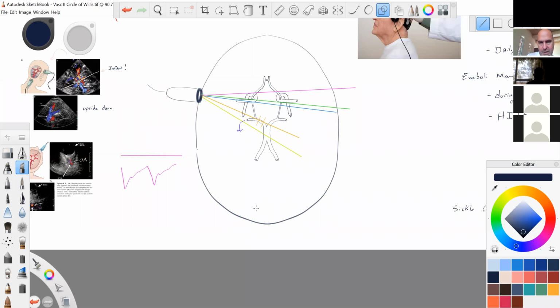I'm going to have a transducer here. The reason being is I kind of want to show that this is up underneath the skull. And you get it. So our transducer is aiming up in that direction.